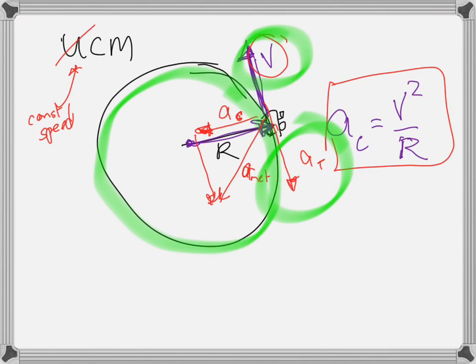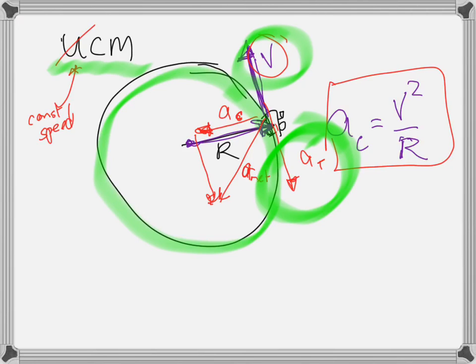It would imply that the speed is slowing down, right? The acceleration is in the opposite direction of this velocity, so the speed is slowing down. In any case, you can have a tangential acceleration and a radial acceleration, the radial one being the centripetal one, the one along a radius. But most of the time we'll just stick with uniform circular motion, so we don't have to worry about the tangential. But just understand that we can add in a tangential component.